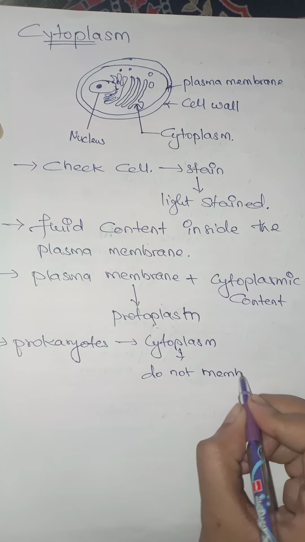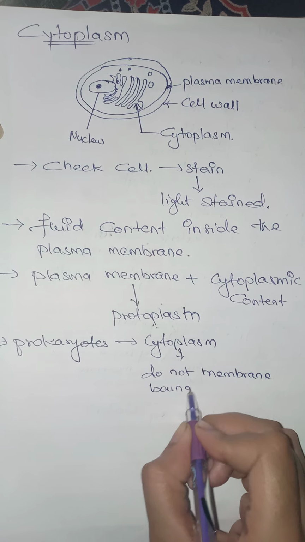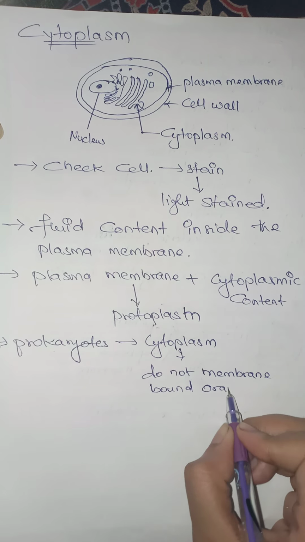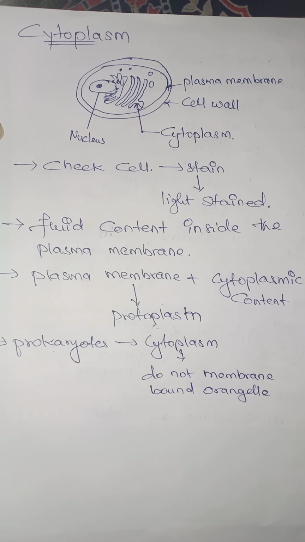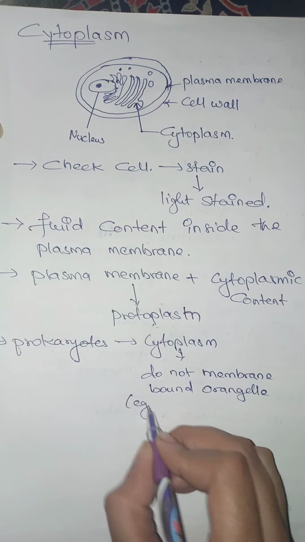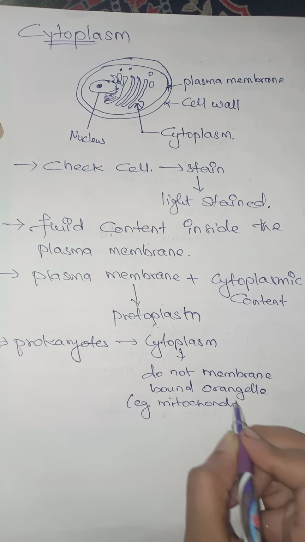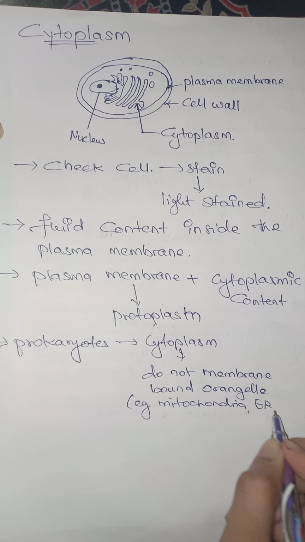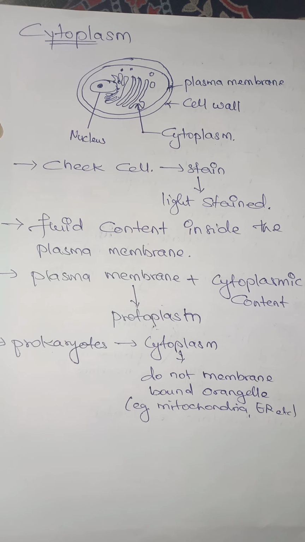Whatever organelles have a membrane or a layer around them, they do not have in their cytoplasm. For example, mitochondria, endoplasmic reticulum, and so on. Many of them cannot be seen in the prokaryotic cell.